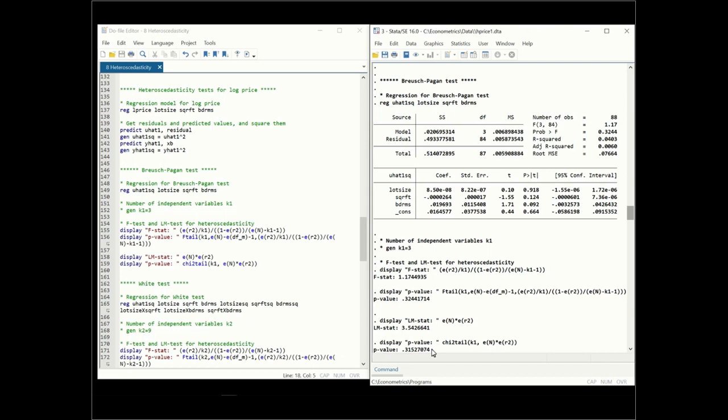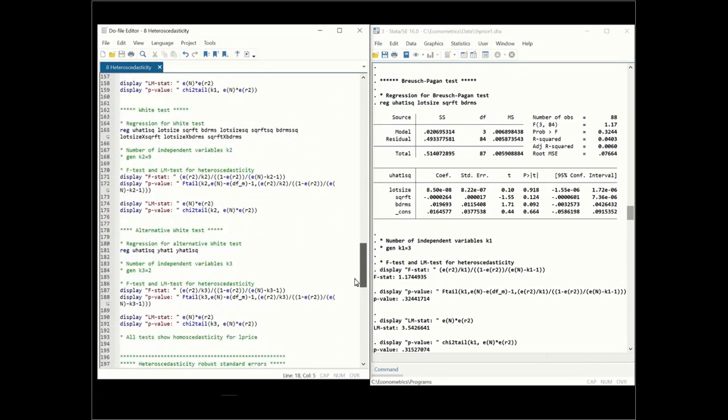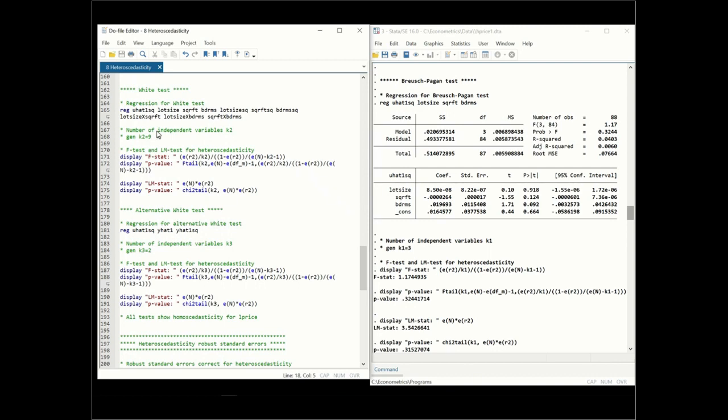So we are again concluding that we have homoscedasticity for the log of price, which means that the independent variables do not help explain these squared residuals.